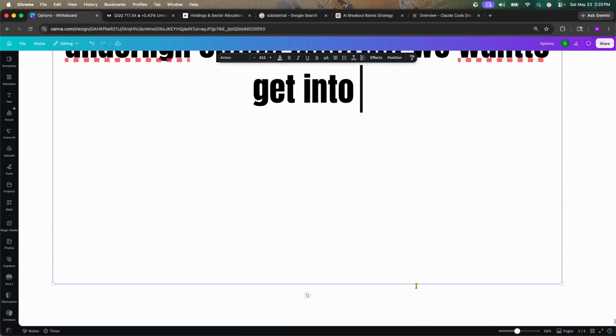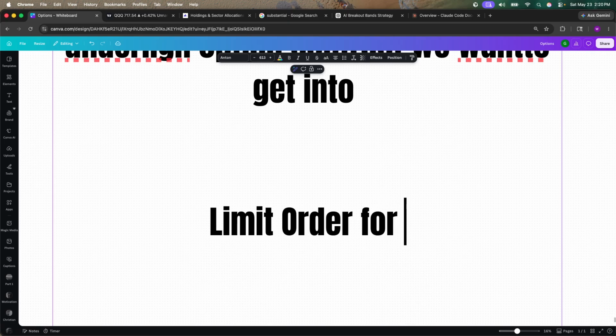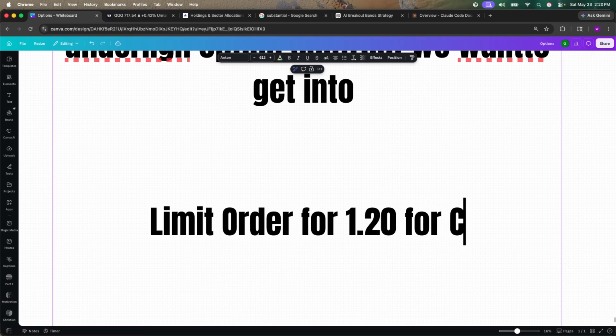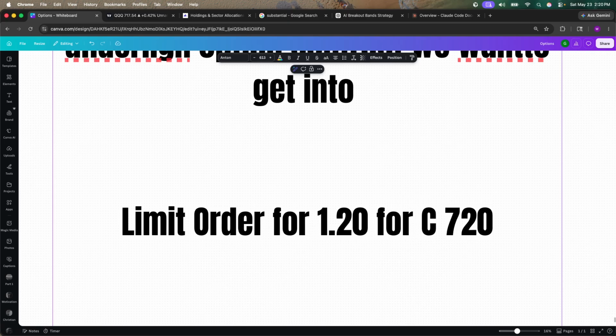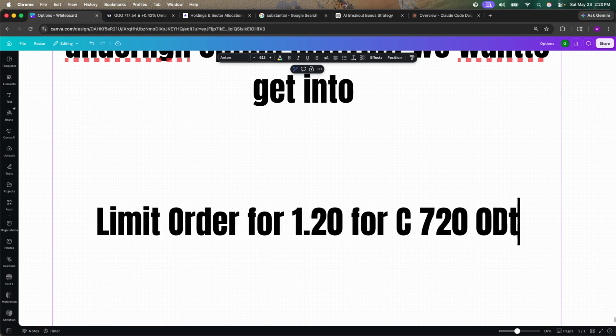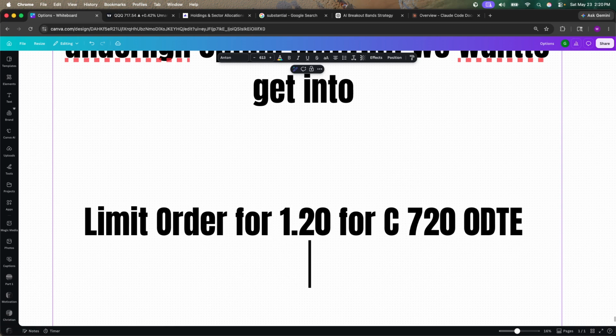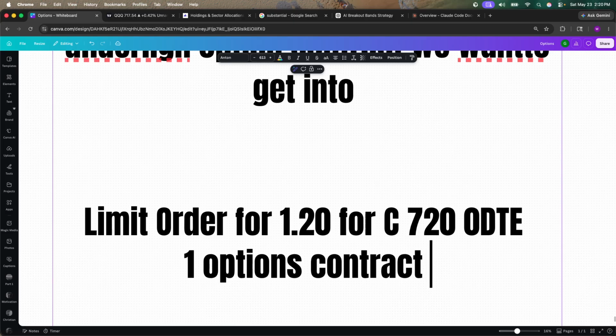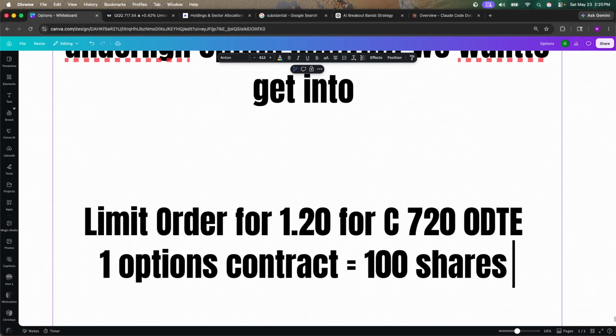So for example, let's say we submit a limit order at 1.20 for a call, 720, 0 DTE option contract. Remember, one option contract equals 100 shares.